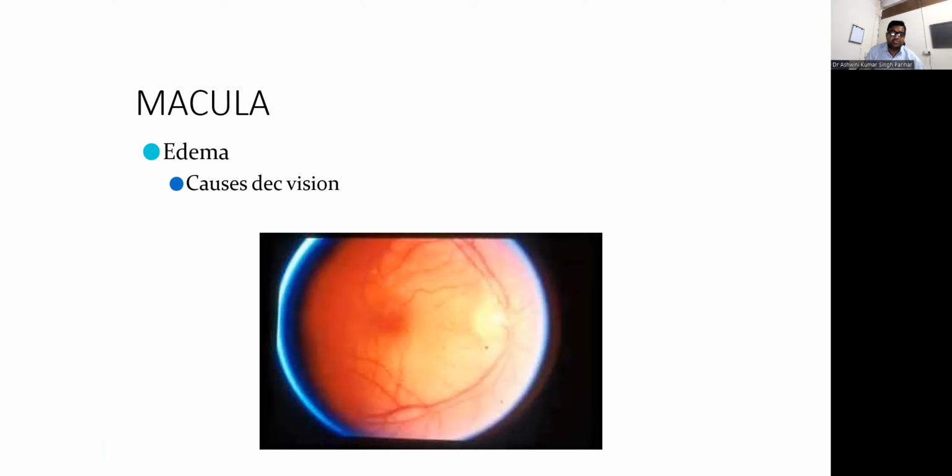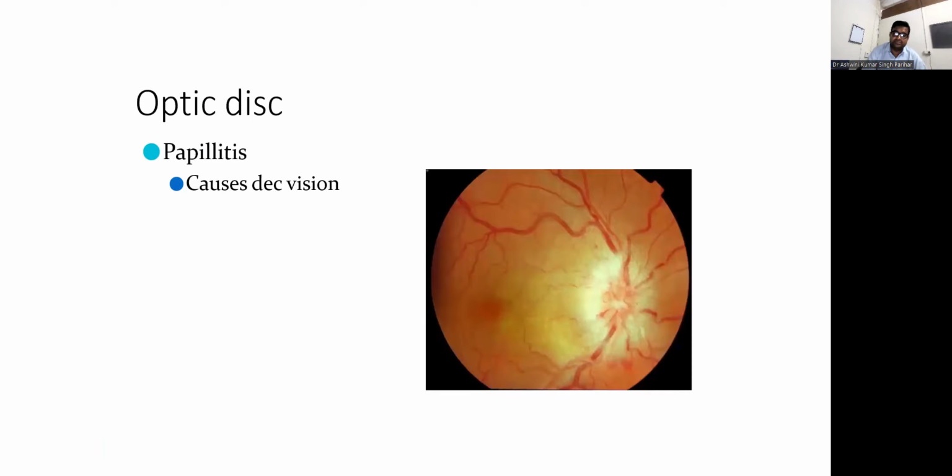Now these are the macula. Sometimes when they affect the retina, this can lead to inflammation and edema of the macula, macular edema, which will lead to diminution of vision, and also papillitis. In papillitis, you can see the region surrounding the disc is highly inflamed.